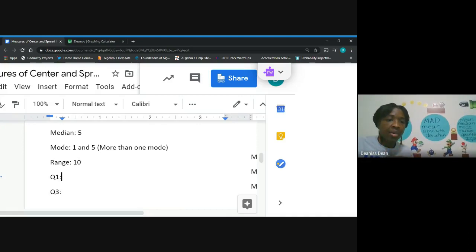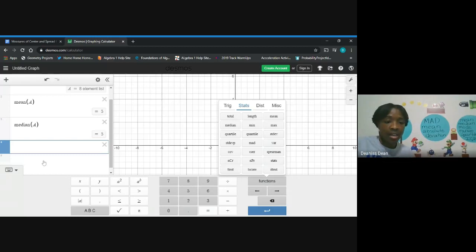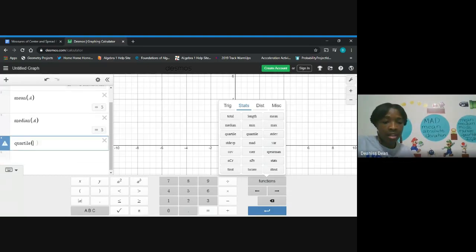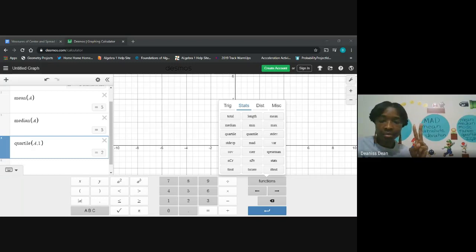All right, then we gotta get our quartiles. Remember, when you're typing in for the quartile, the list, and then for quartile 1, you put in the number 1. So just remember that typing functionality in Desmos to get that value. So quartile 1, you should have got 2, right? What about quartile number 3?